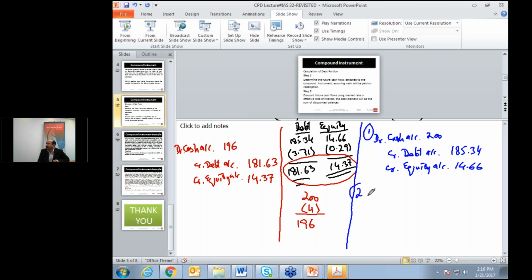And the second entry for the issue cost: debit the debt account 3.71, debit the equity account 0.29, credit cash or bank with 4 million.